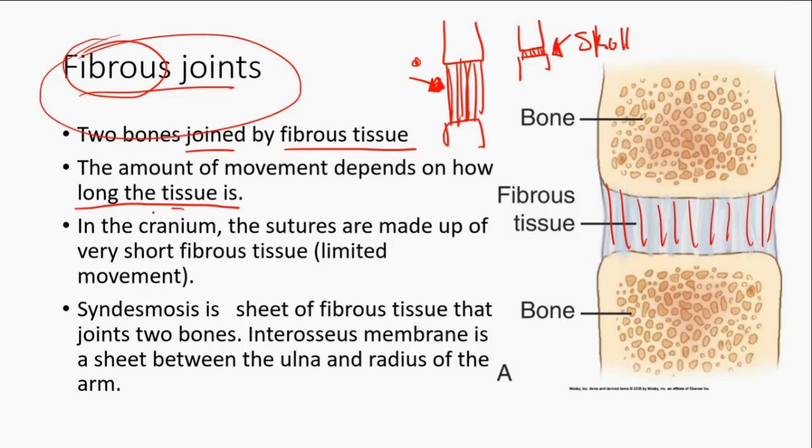So in the cranium, there's limited movement because the fibrous tissues are very short, whereas the fibrous tissue between your ulna and your radius tends to be much larger, like this example here, and it's known as the interosseous membrane, allowing for more movement.